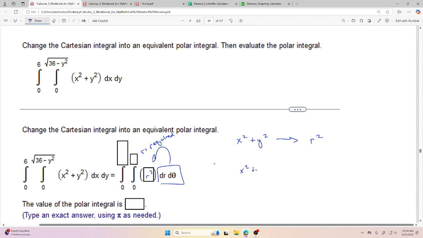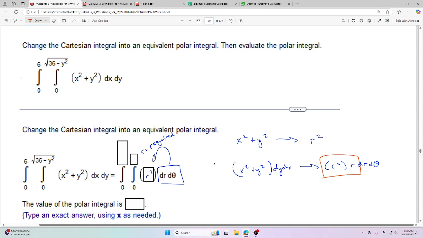Let me just make sure that you're seeing this. I'm saying this dy dx business is r squared always, and then r dr d theta. Your conversion is perfect, but they wanted more. Okay? Be careful. It's just one of those I gotcha moments.